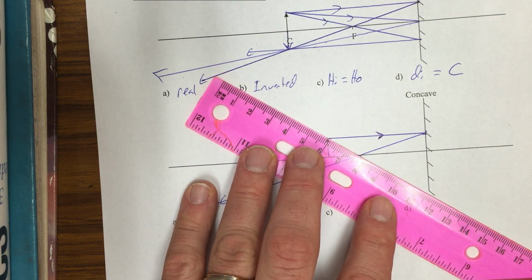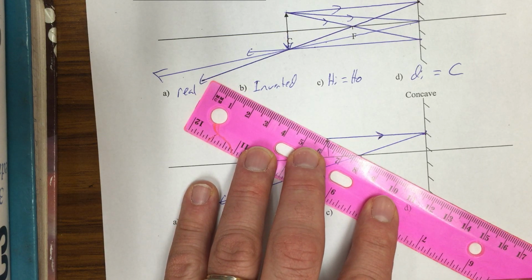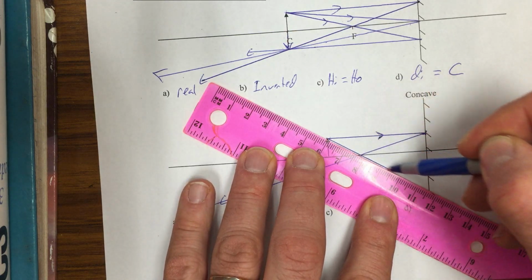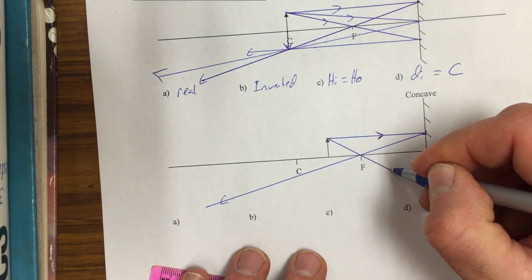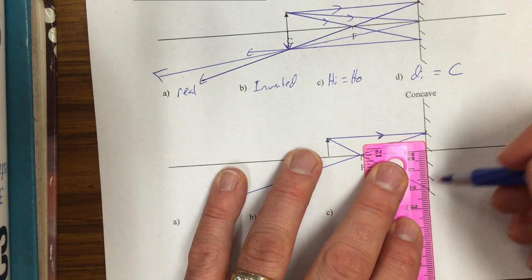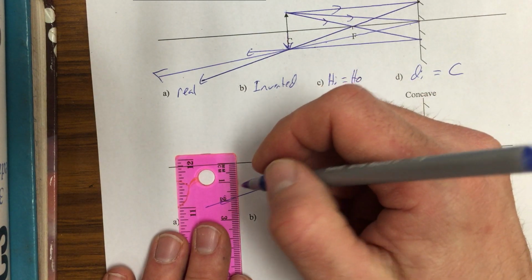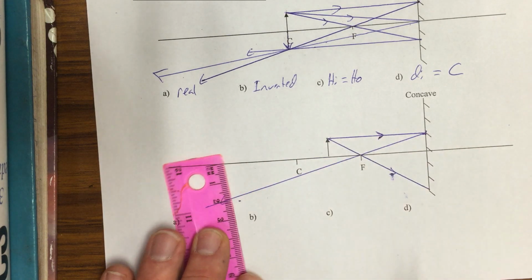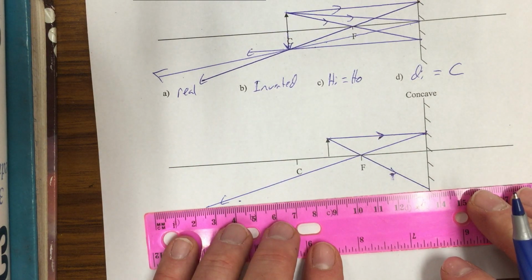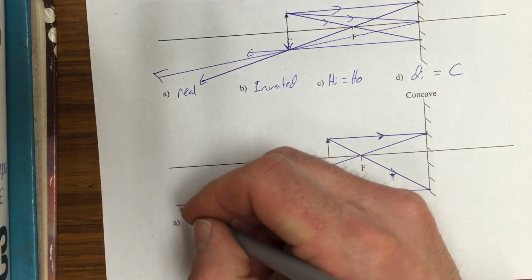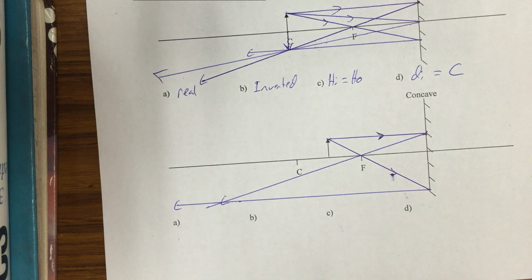This light has to go from the tip of the object down through F, like so, and then that light ray has to come out parallel, so I need to measure that one. I have 2 centimeters, so I move over here and mark 2 centimeters. And I'm going to draw this out like so. Good, I'm starting to see a crossing point.